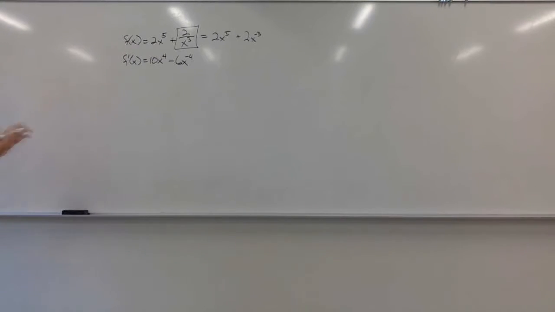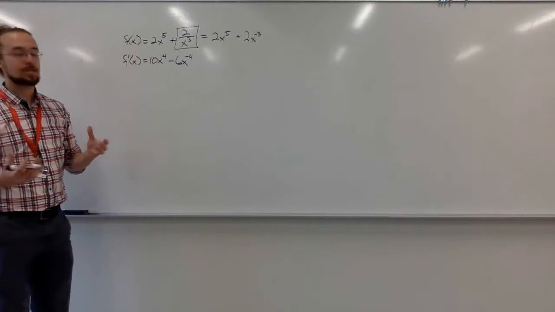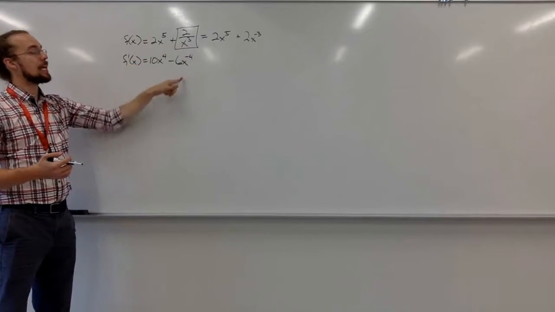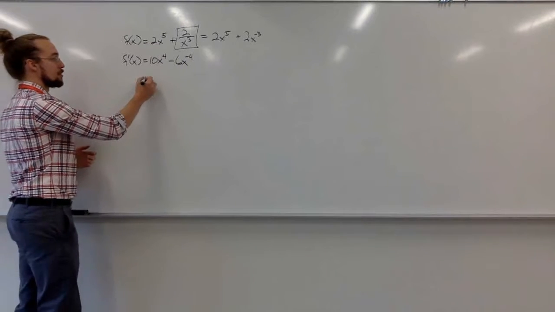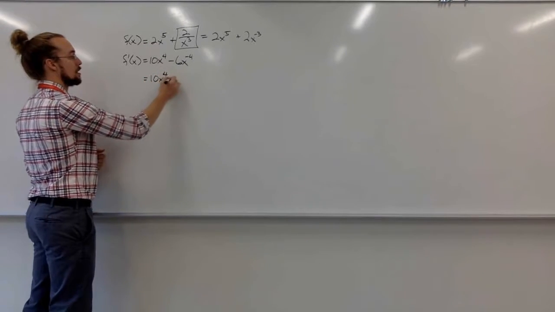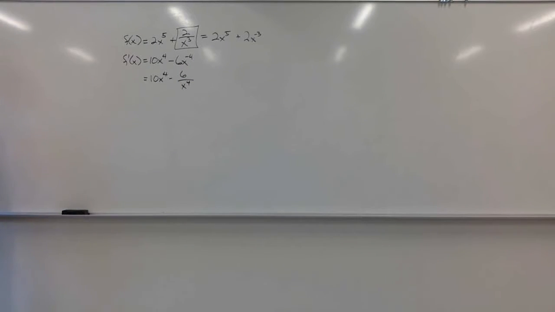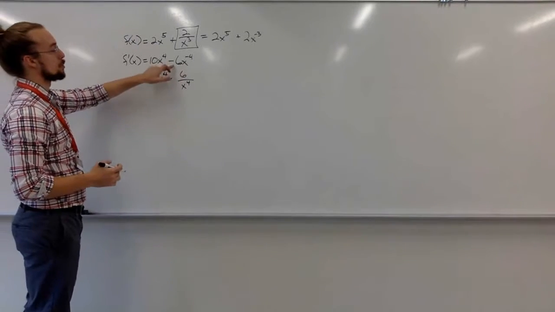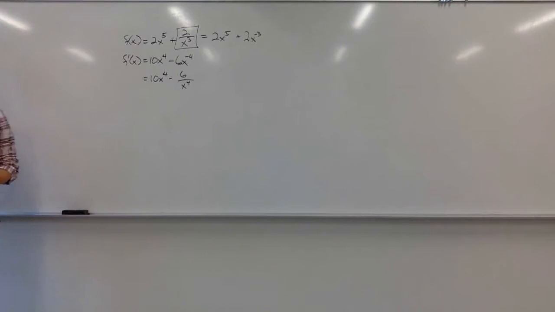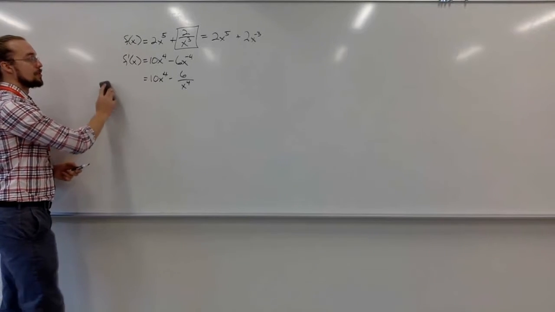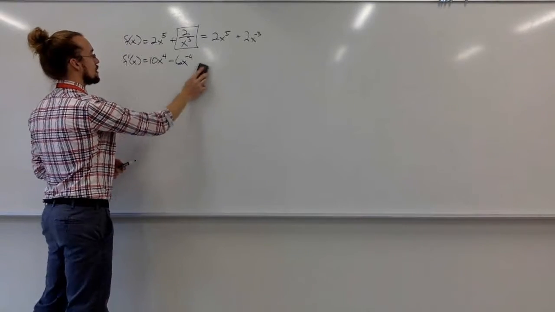Now, on a standardized test, since our original function was written like this, generally you'll see the answer written like this. So I just want you to be comfortable going back and forth using negative exponents here. Alright, let's try another one of those just to make sure that we've got that idea down.